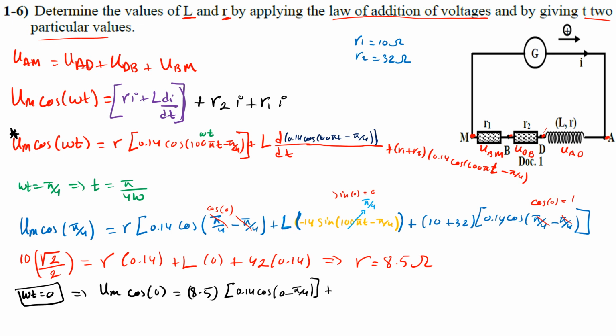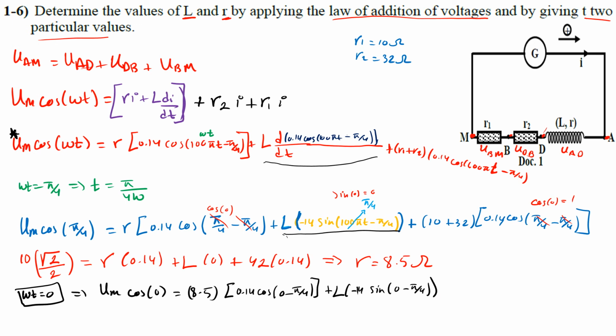plus, now instead of using L di by dt, this one I will just replace in this one. So it will be L into minus 14 sine of 0 minus pi over 4.